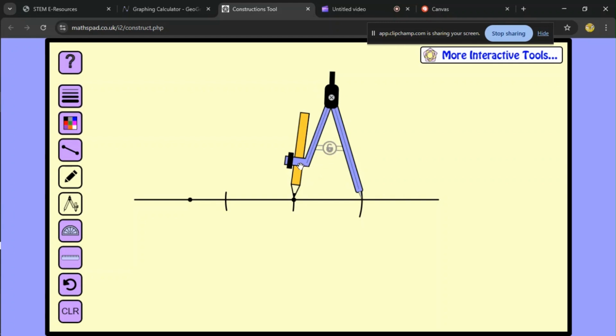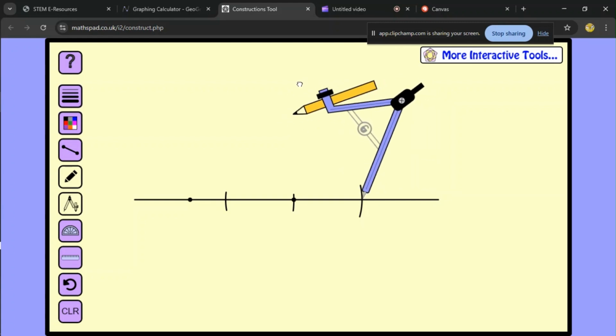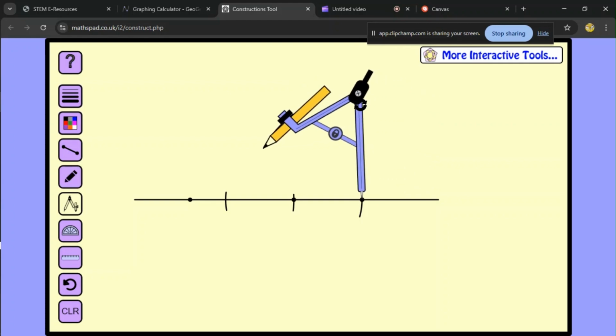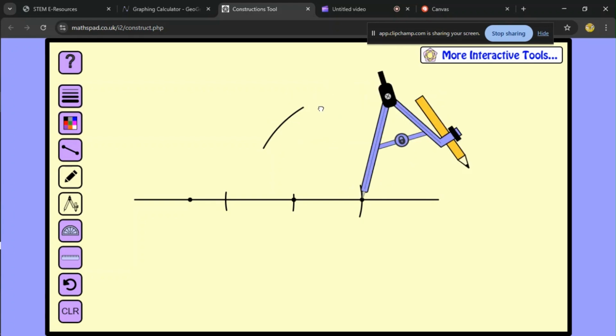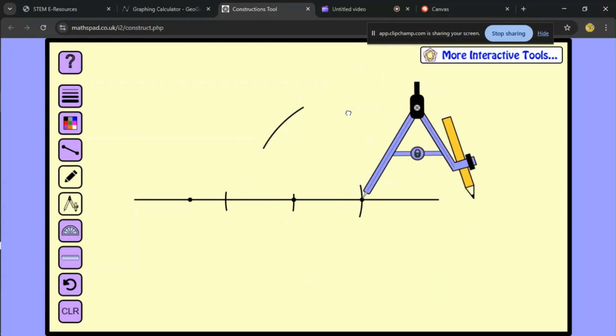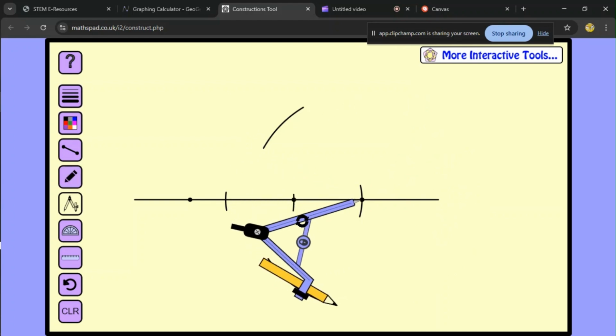Then I can adjust my compass a little bit so I can make it somehow big, maybe somewhere there. Then I lock at that. I put an arc on the upper side of this line, and as well I put a mark on the lower side. So let me put a mark on the lower side.